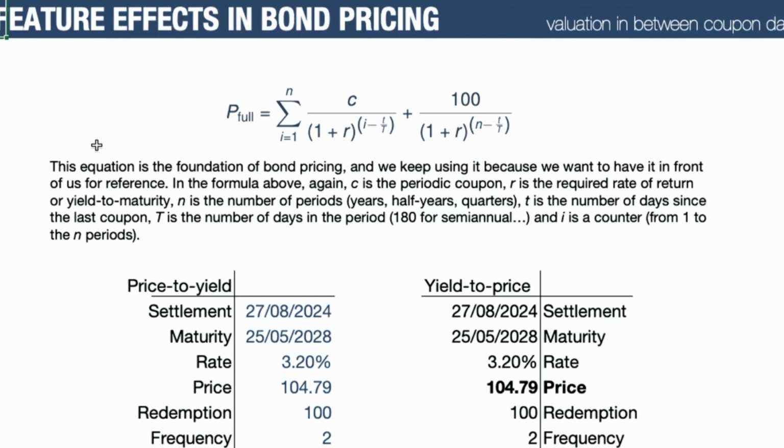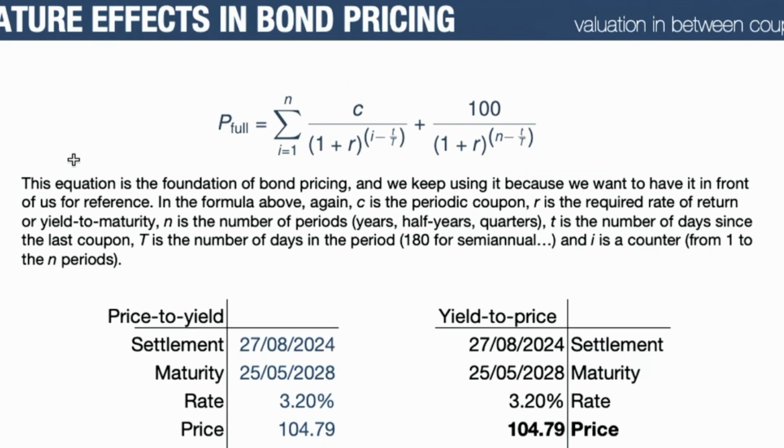By looking at our formula here, the smaller the coupon C, the larger the proportion of total cash flow 100 that occurs at maturity. Thus, discounting the last cash flow using the discount factor 1 plus r to the power of n amplifies the effect for a change in the discount rate of bonds with low coupons as opposed to bonds with higher coupons.